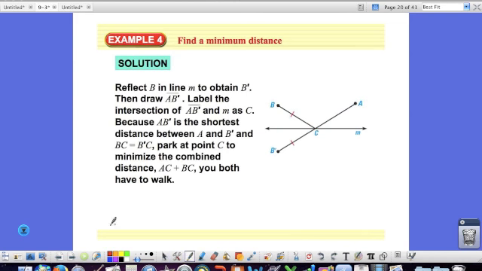You would basically be taking point A. You would be drawing A prime as the reflection. In that example, these don't exist. Then you would draw a line from B to A prime. And where that point intersected, which is C, would be the same distance there.